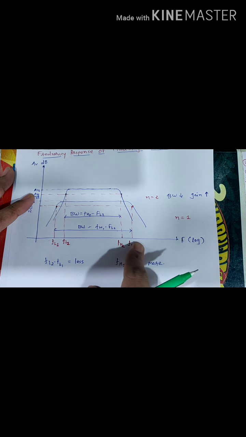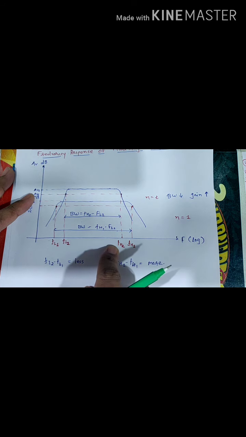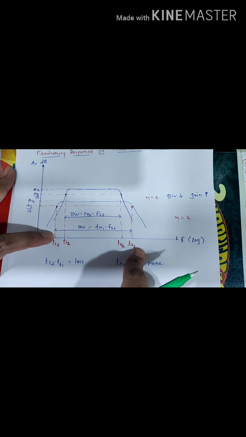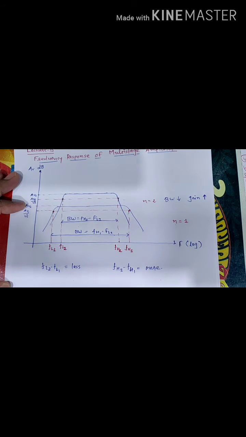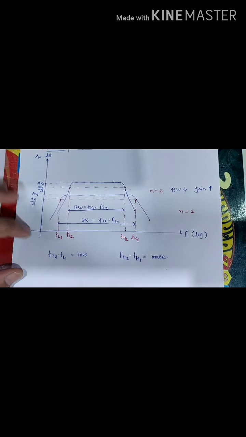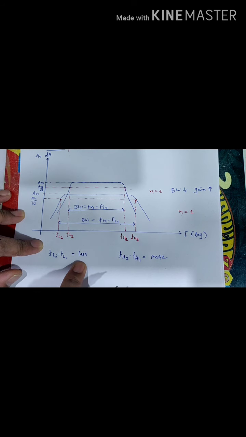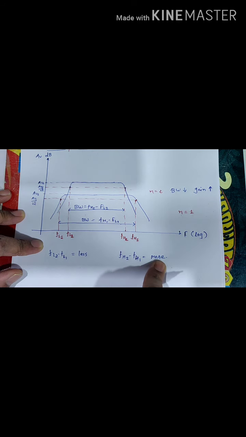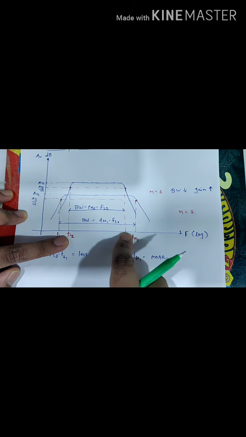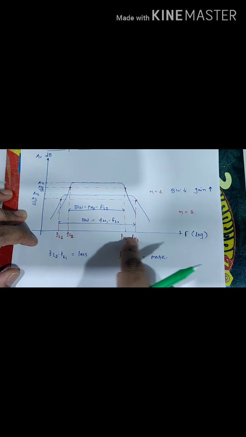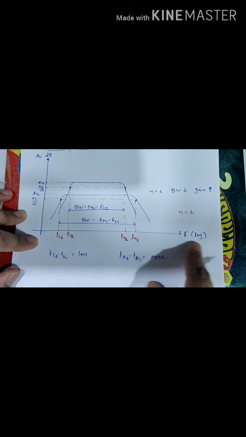We get a larger reduction in the higher cutoff frequency, so it will not support higher frequencies as well as FH1. Due to this logarithmic scale, we have to keep in mind that the difference between FL2 and FL1 is less and the higher cutoff difference is more. The span or gap looks similar in the graph, but because of the logarithmic scale this span is more compared to that span.